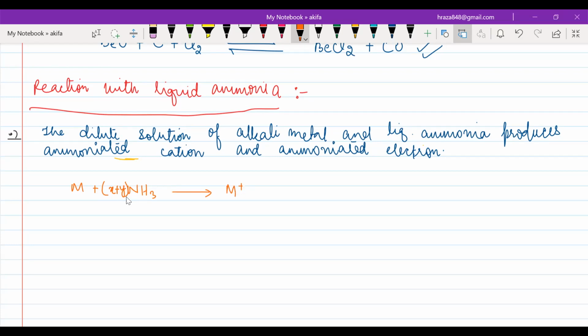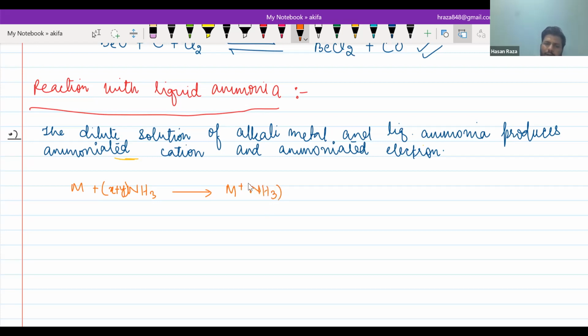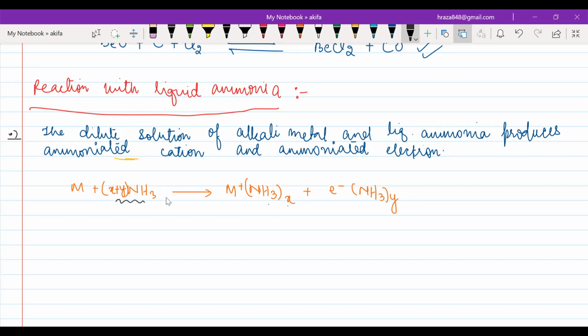And here, ammonia we will take in two parts, NH3 whole X, and one of the electron will go to NH3 whole Y. Now you can see this is balanced. Total NH3 here is X plus Y into NH3, and on the right hand side X NH3 and Y NH3, that represents X plus Y NH3, right? Yes.